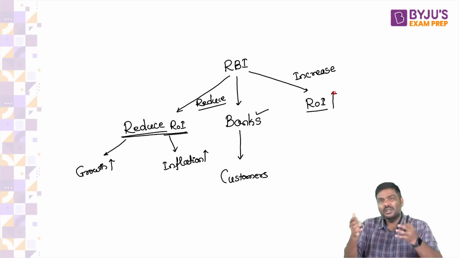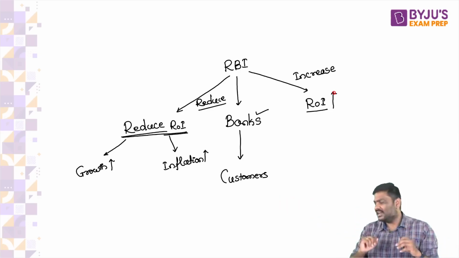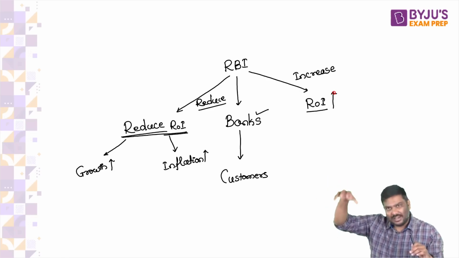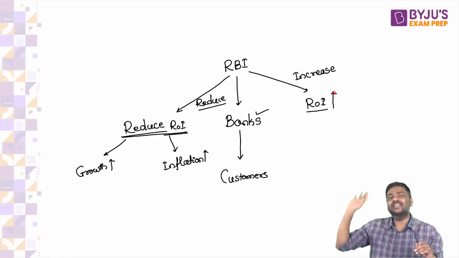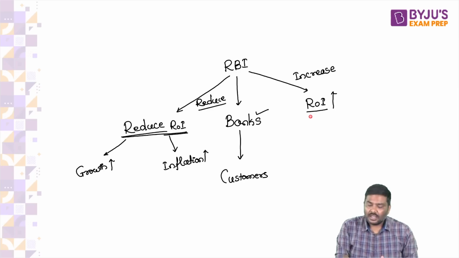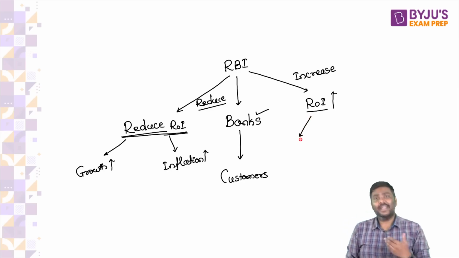Of course, no. Companies will take lesser loans. Production would be affected. People would take lesser loans. Demand in the market would be affected. Now, can I simply say, higher rate of interest in the economy will help you in controlling inflation.